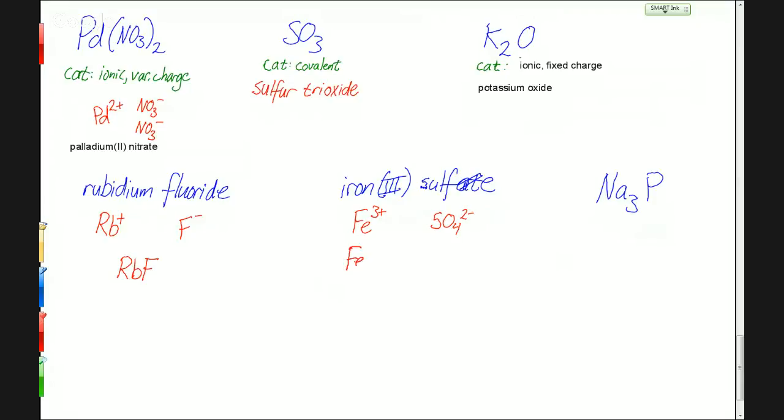That will give 6 plus overall, and 6 minus overall. So we add all those charges together: 3 plus 3 minus 2 minus 2 minus 2 is 0. And then we can write the formula. So that will be 2 irons and 3 sulfates.